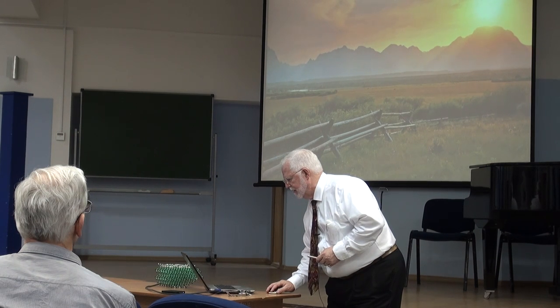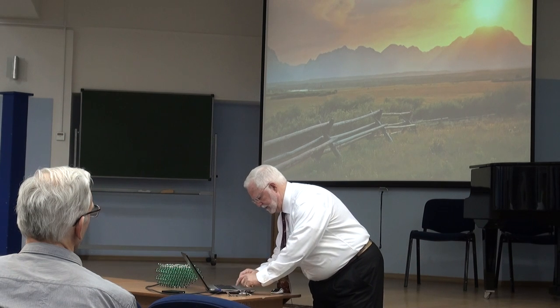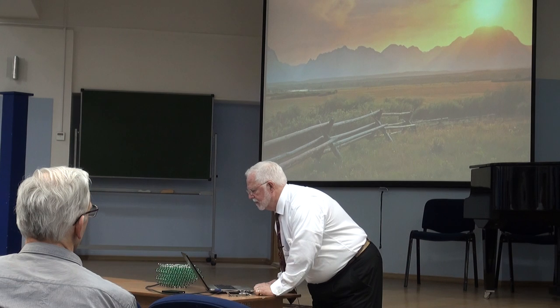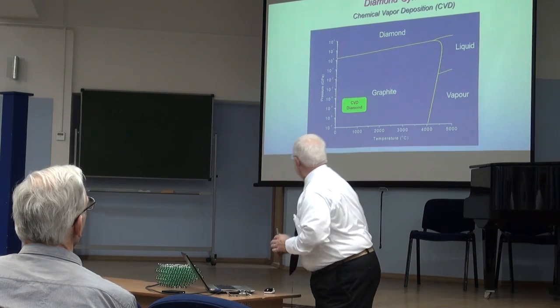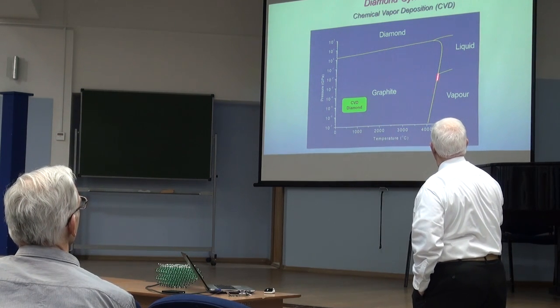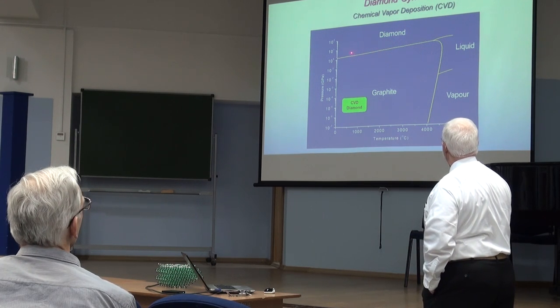So let's see. Let's go back up to a phase diagram. So you're talking about the line between diamond and graphite. Okay, yes, this line.